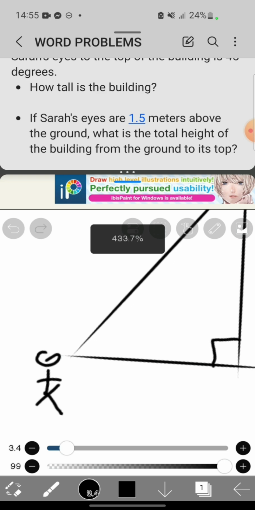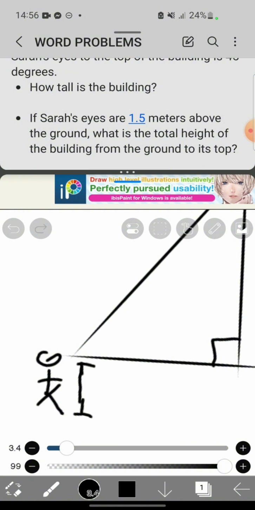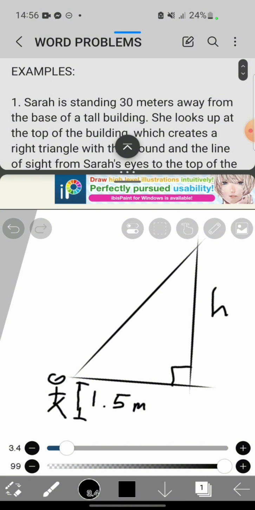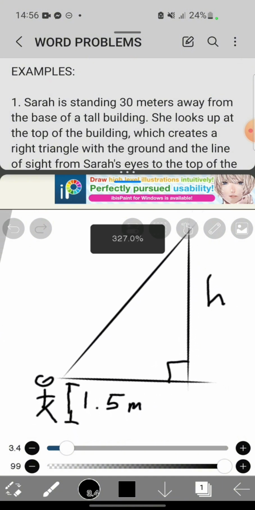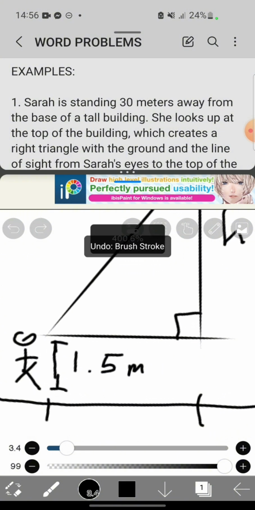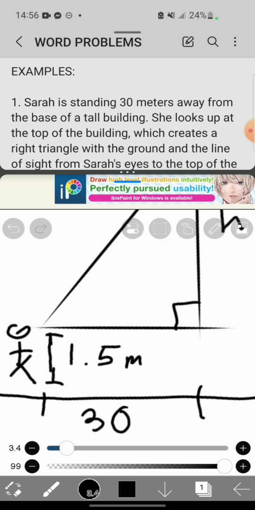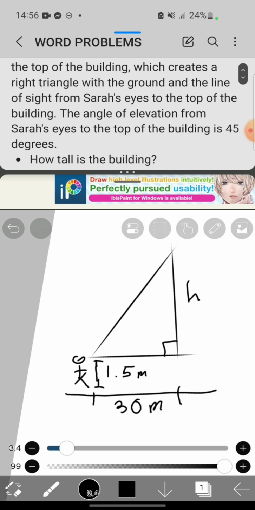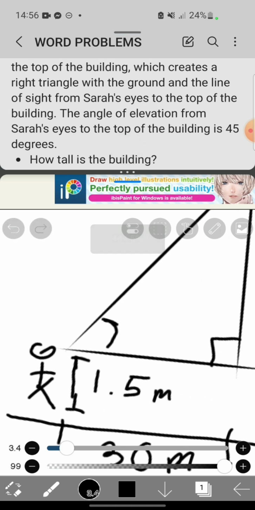Assuming the height of Sarah's line of sight from the ground is 1.5 meters, and Sarah is 30 meters away from the building, the angle of elevation made at the top of the tower is 45 degrees.